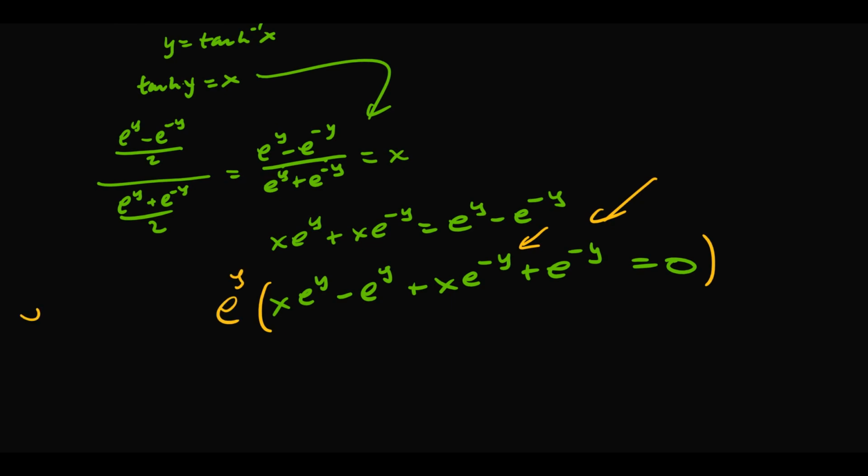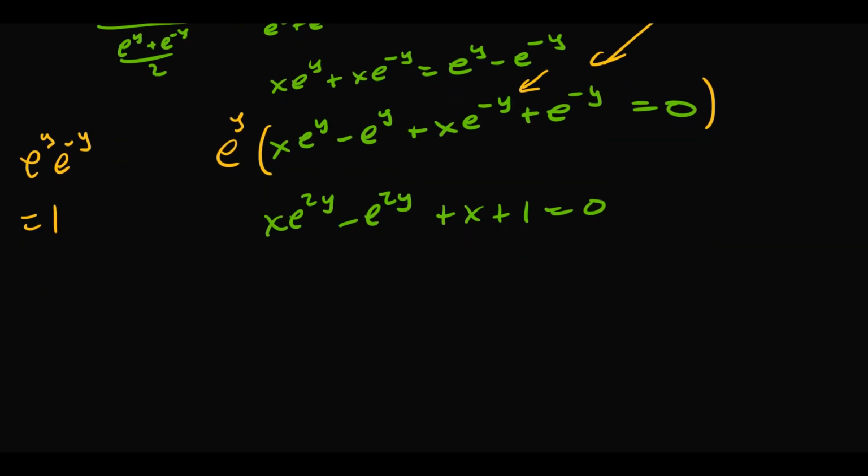And so remember, e to the y times e to the negative y will just be 1, because y minus y is 0. All right, so then we're going to get x e to the 2y minus e to the 2y plus x times 1 there plus 1 equals 0.